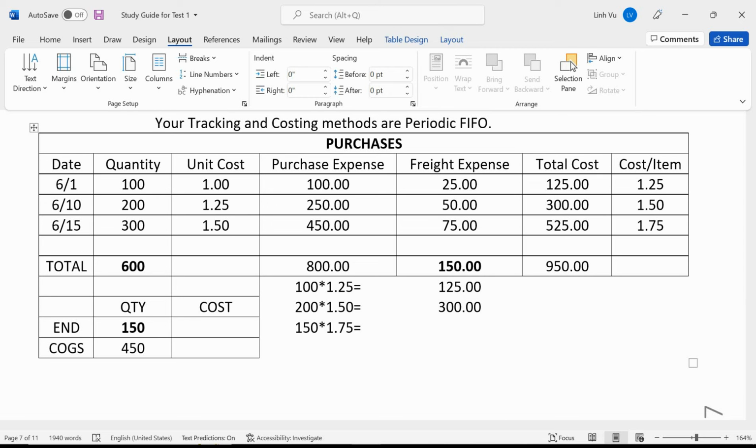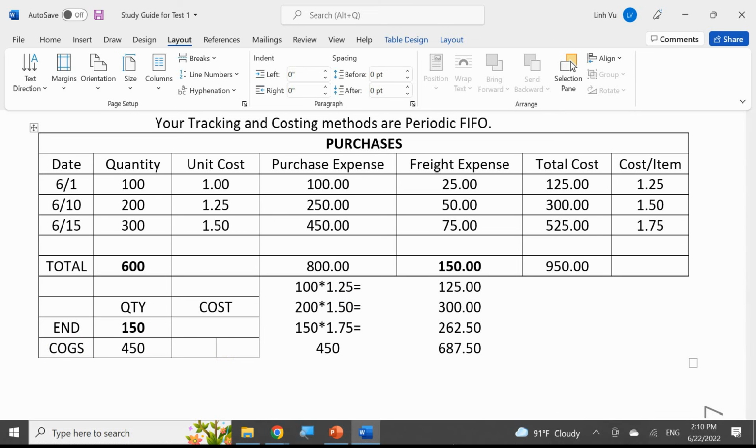262.50. Okay. So in this case, that's my grand total of 450 units at a grand total cost of goods sold to be 687.50.